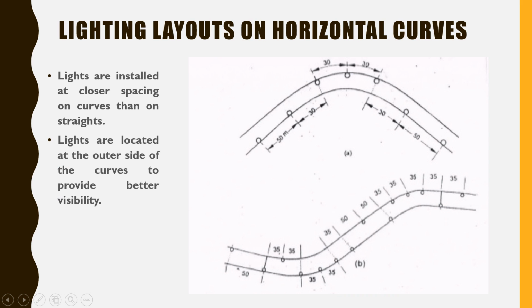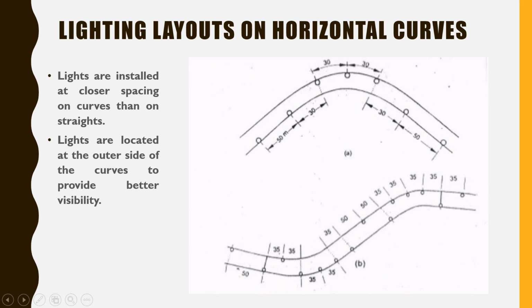So, let's proceed ahead to how lighting layouts are done on horizontal curves. You can see these are horizontal curves, and the distance between lights along curves is less, because we need better visibility. You can see here that on a straight portion it is 50 meters, and on the curved portion it is 30 meters.